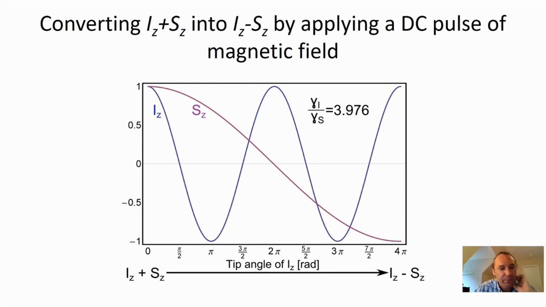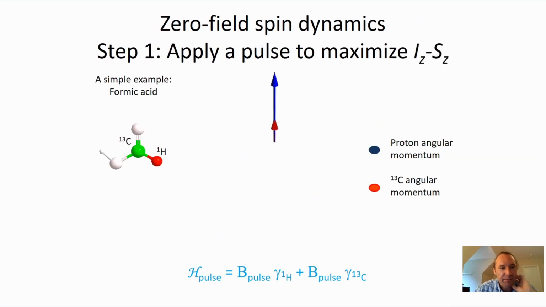So now the important part, why we do this, is because our magnetometer is primarily sensitive to this difference of IZ minus SZ, whereas IZ plus SZ we actually cannot detect. Now, that being said, let me go back to this slide for 1 second.